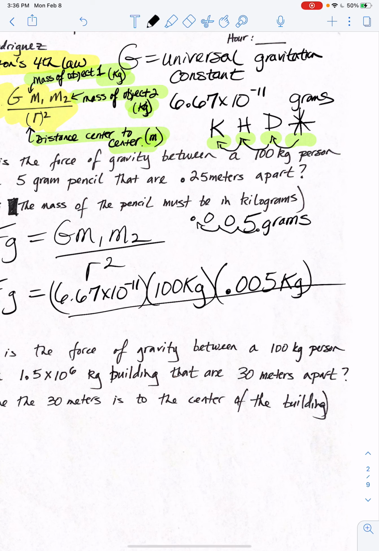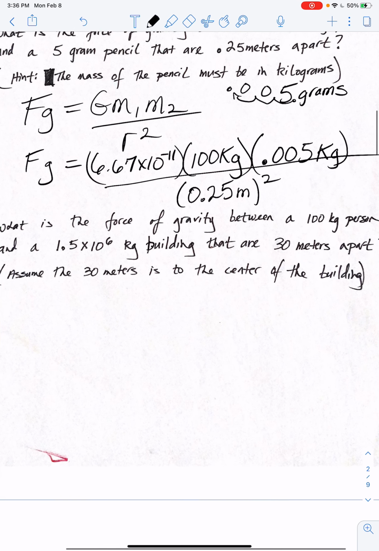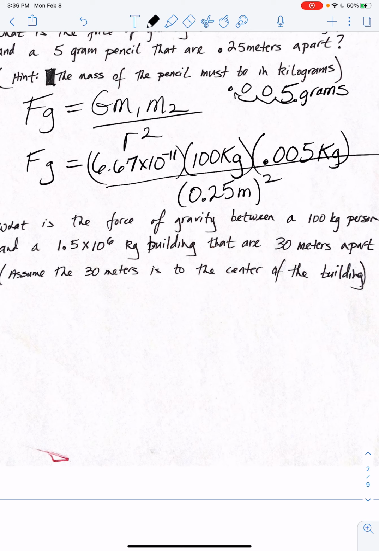And then divide by the distance from center to center of the two objects. So this is the 0.25. We'll go ahead and square that, and that's in meters. Now it becomes a calculator problem, and this is where students struggle sometimes because they don't know how to use their calculator right. I'll try and go over some of this in class.